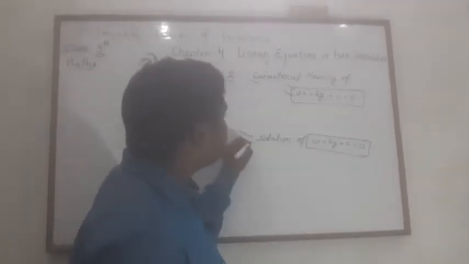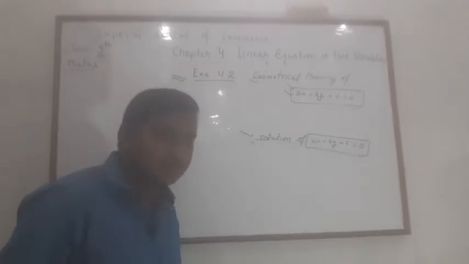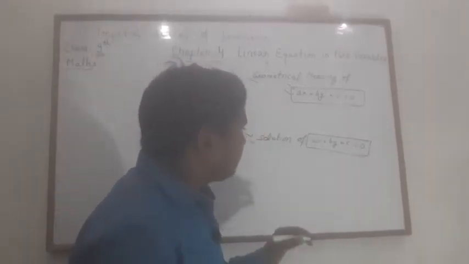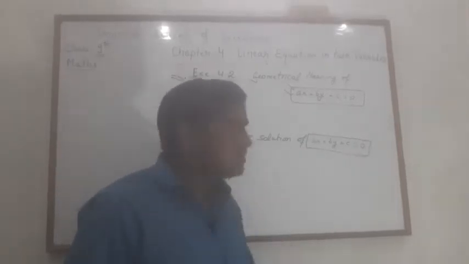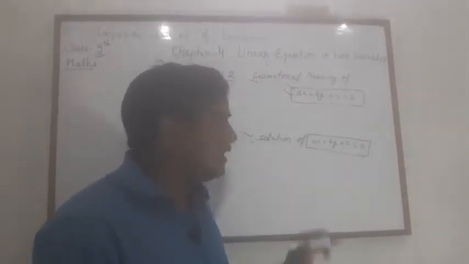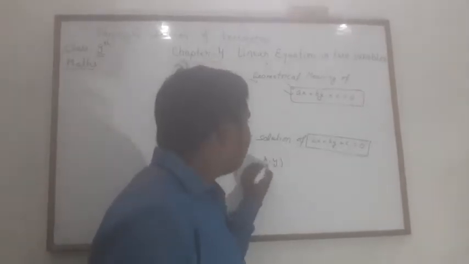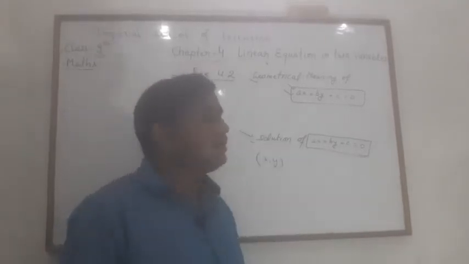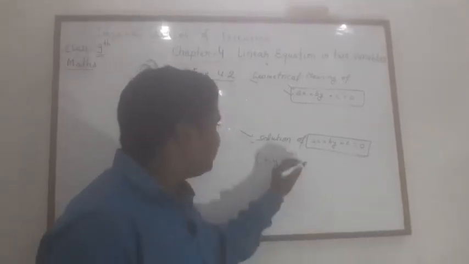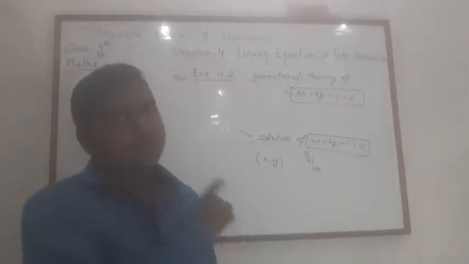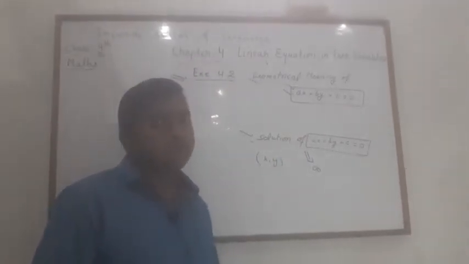Now we are moving to the solution of this equation. Two values of x and y which satisfy this equation are known as a solution of this equation. How many such values are possible? Infinitely many values are possible here, so this equation has infinitely many solutions.